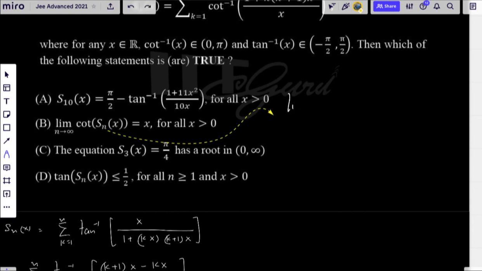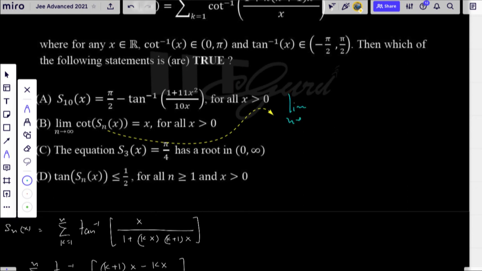Let me change the color so that we can distinguish between question and solution. So limit n tends to infinity of cot of Sn, that is tan of (n plus 1)x minus x, divided by 1 plus (n plus 1)x into x, right?